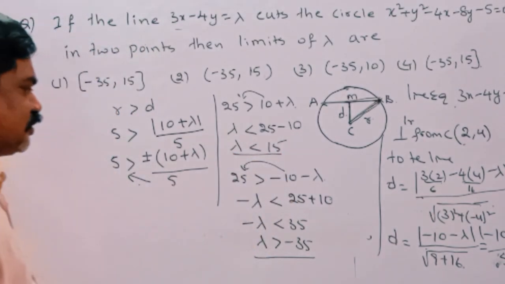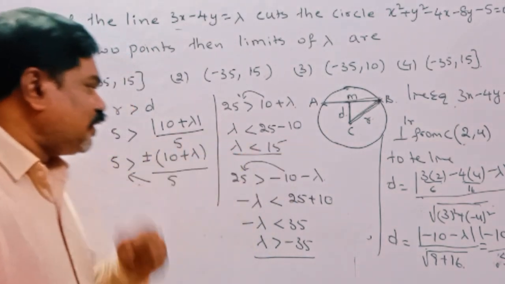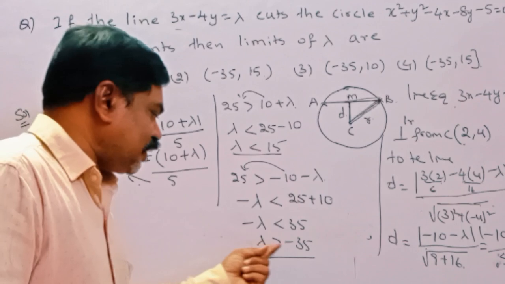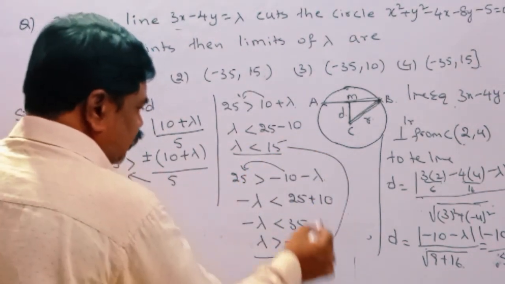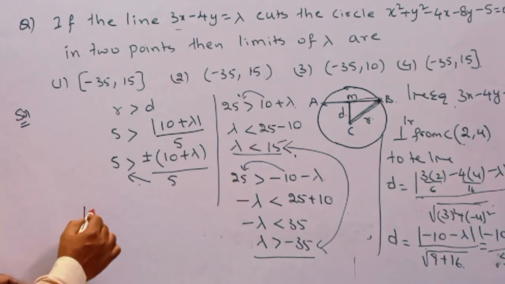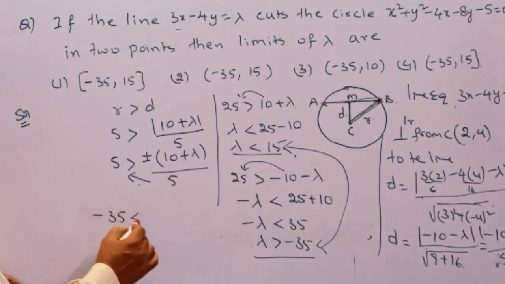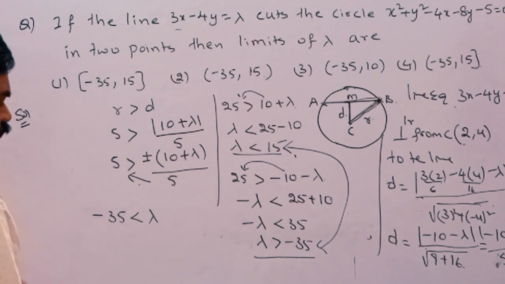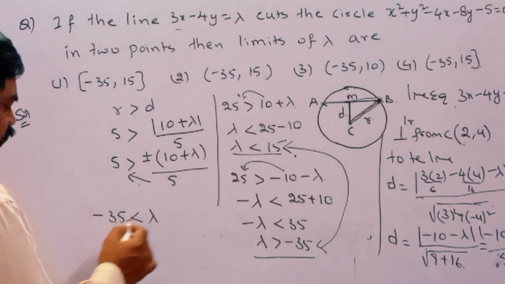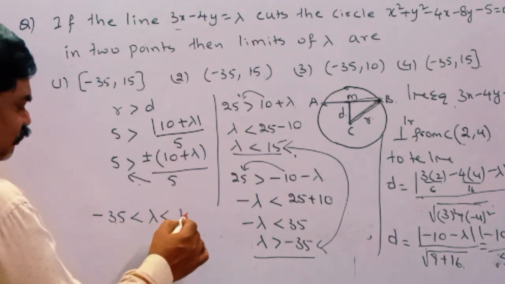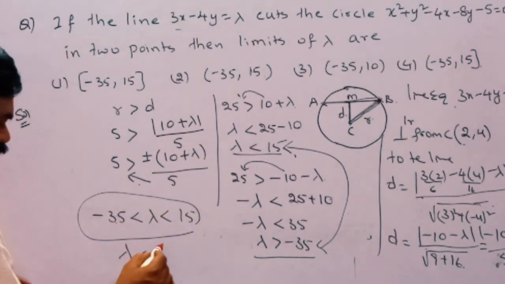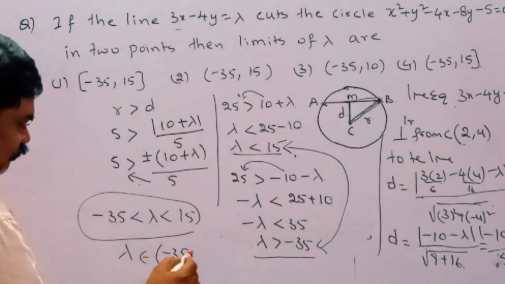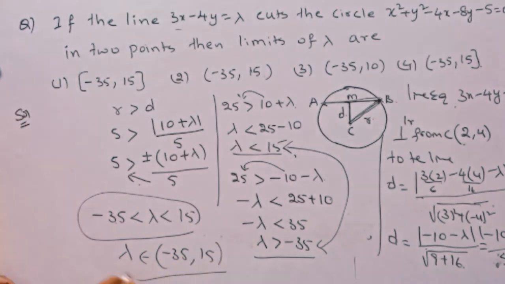These two are the conditions. Lambda less than 15 and lambda greater than minus 35. From these two cases, we can write minus 35 less than lambda and less than 15. This is the condition. Means lambda belongs to minus 35 comma 15 open interval.